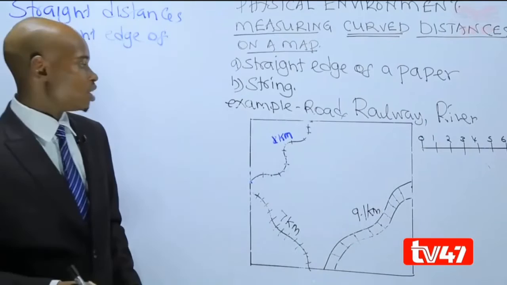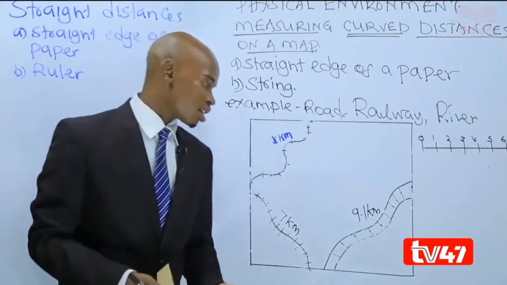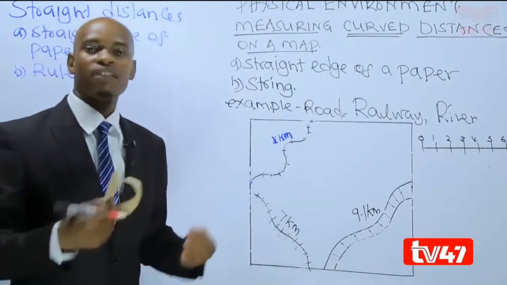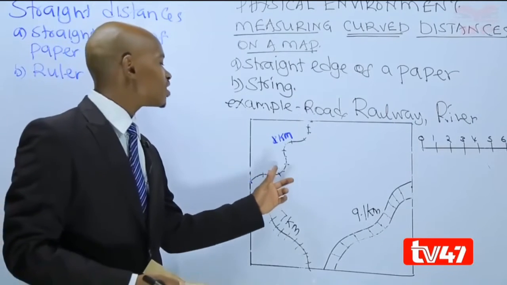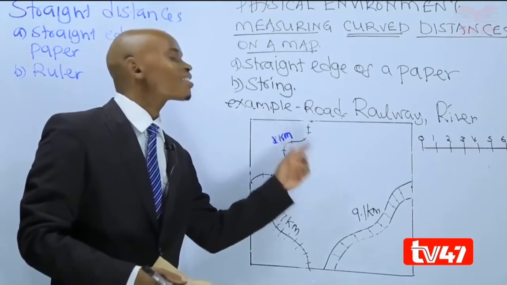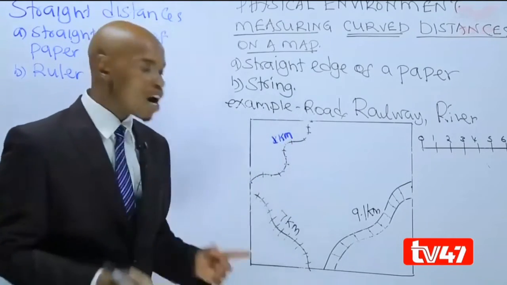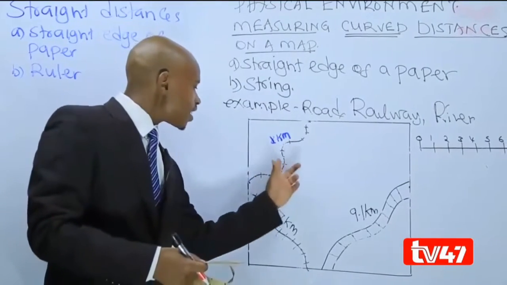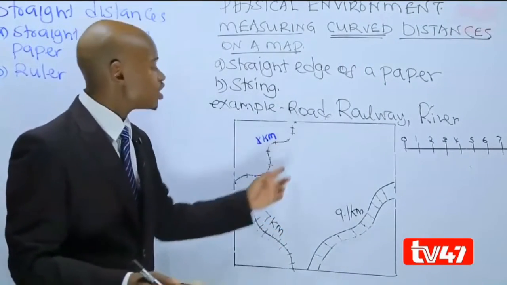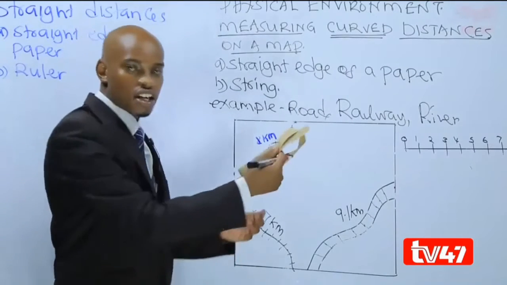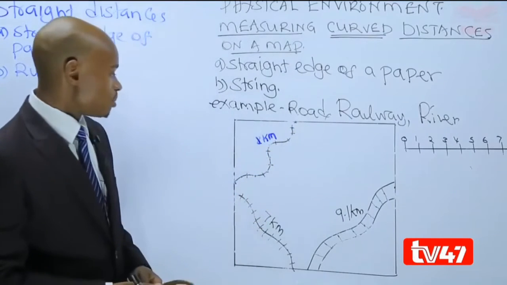And we have said when you are measuring a curved distance, it is wise to divide the curved distance into small straight distances. They will guide you when you are meandering as you collect your measurement.